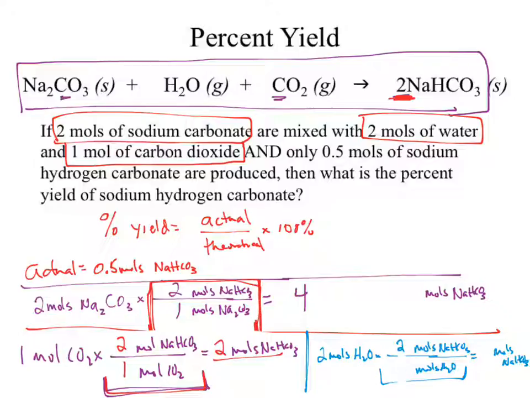You might end up putting a 2 in here. Okay, why are you putting a 2 there? Because the 2 moles of H2O. It means something different. The 2 moles of H2O that you were given is not a conversion factor, that's a measured value.